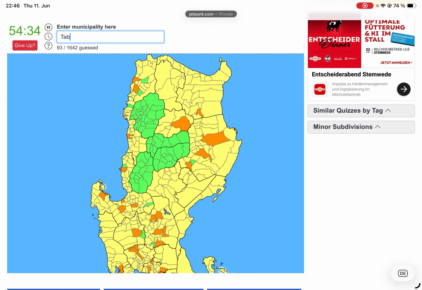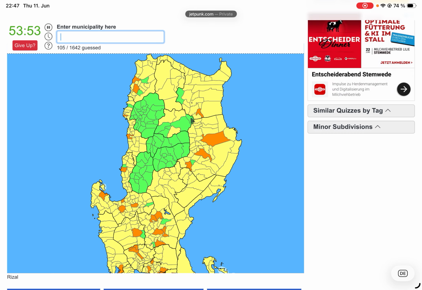And what's funny about Kalinga, the capital and biggest city of Kalinga is called Tabuk, which is also the name of one of the bigger cities in Saudi Arabia. So this is always nice if you can remember stuff just by thinking of another country, and then it just sounds the same. So you have Tabuk, you have Lubuagan, Pasil, Tinglayan, Rizal.